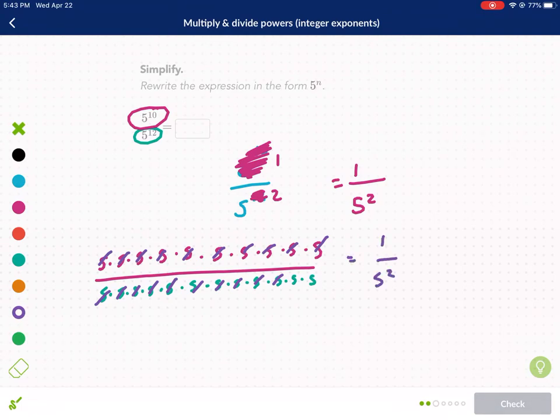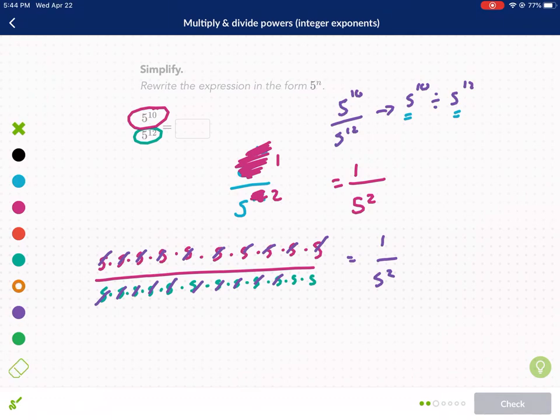The easier way to do it is probably just thinking, okay, 5 to the 10th divided by 5 to the 12th. Before, when it was multiplication of like bases, we added the exponents, right? But now it's division, so we do the exact opposite.